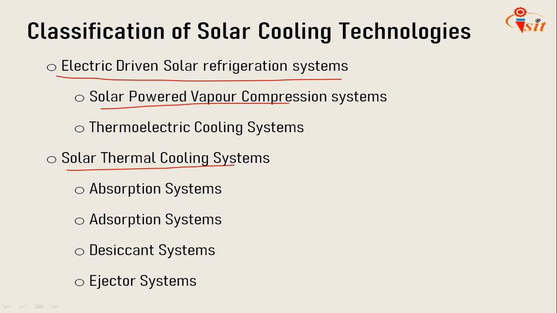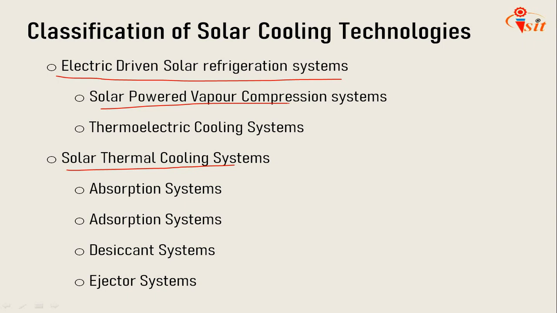Photovoltaic powered refrigerators are an alternative option to produce cooling in remote areas of developing countries. The photovoltaic cell converts the incident solar radiation to DC power, which can drive the compressor of the vapor compression system.